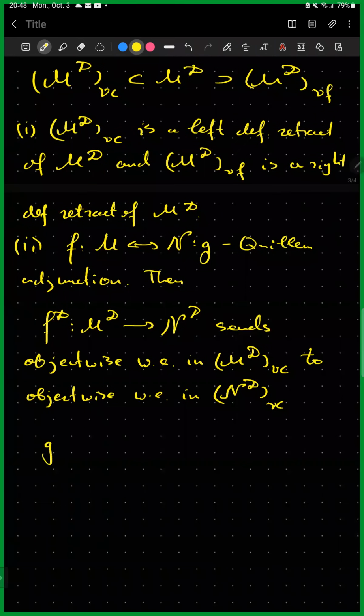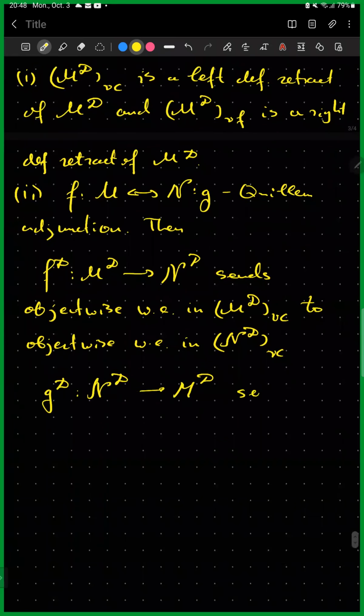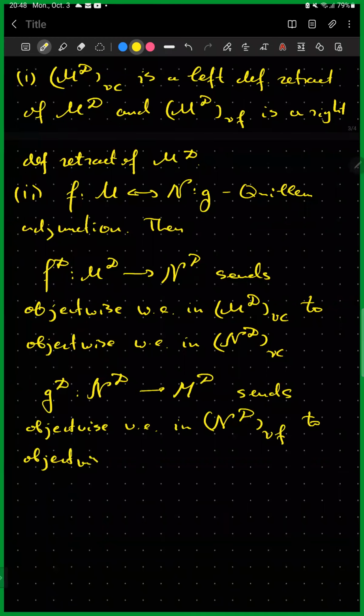And analogously, the functor G^D sends objectwise weak equivalences in the subcategory of virtually fibrant objects to objectwise weak equivalences in the subcategory of virtually fibrant objects.